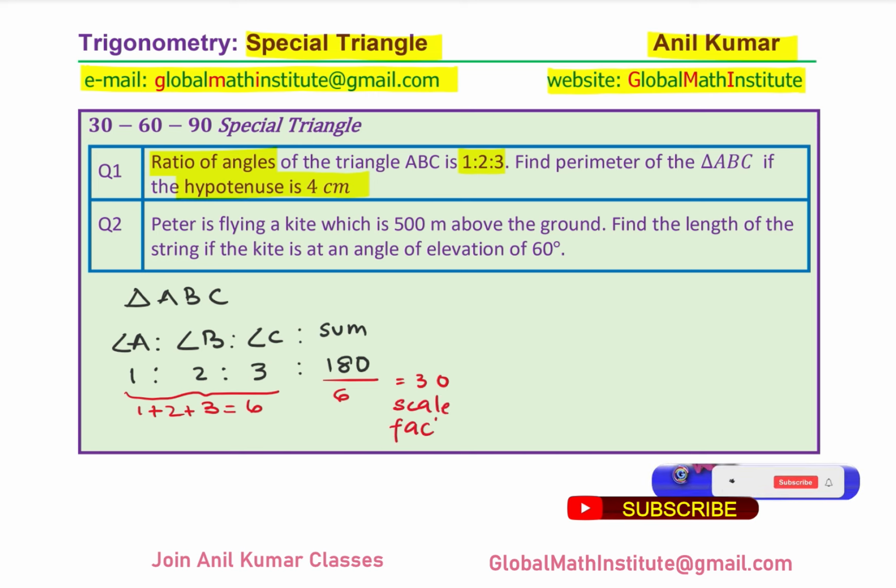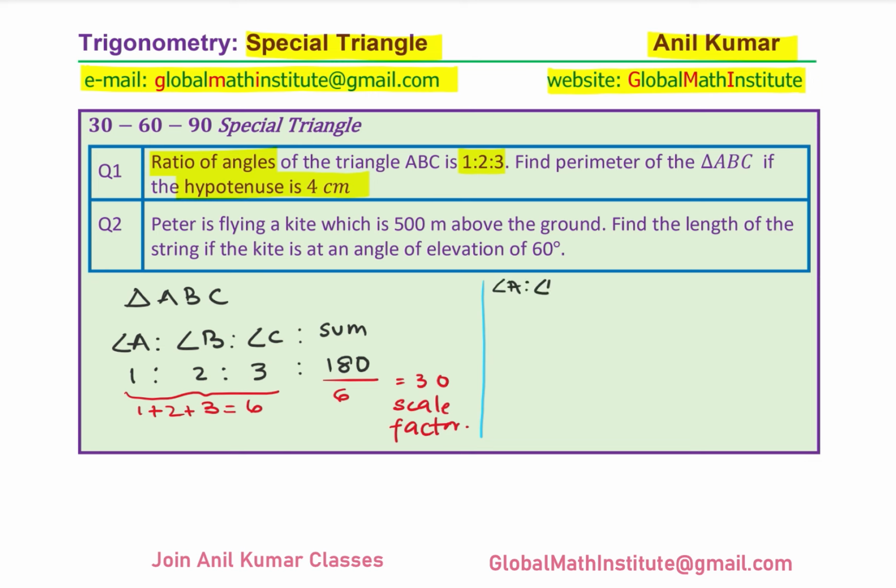So from this information, you can easily write down that the angles A, B, C should be 30, 60, 90. Make sense? 30 degrees, 60 degrees, and 90 degrees.